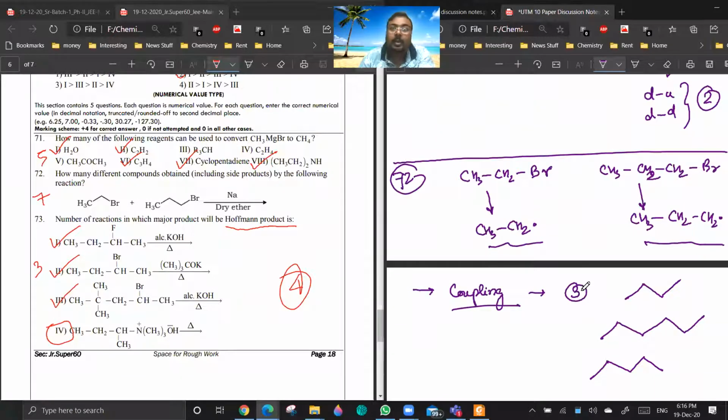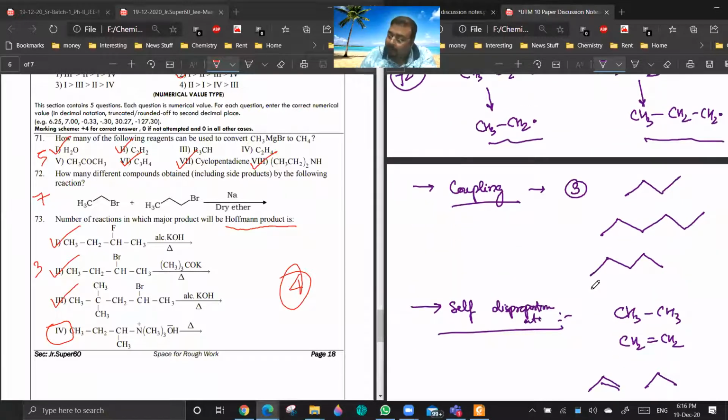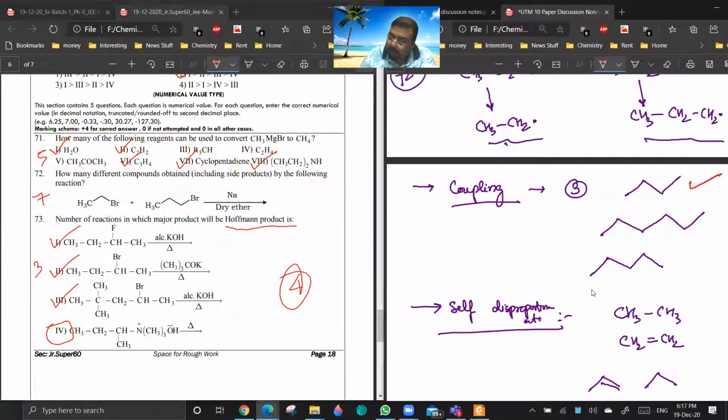First is coupling, second is redox reaction or disproportionation reaction. When you're talking coupling, these two can couple. If these two are coupling, then you will be getting this one.